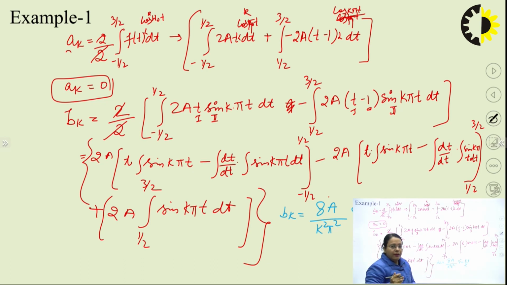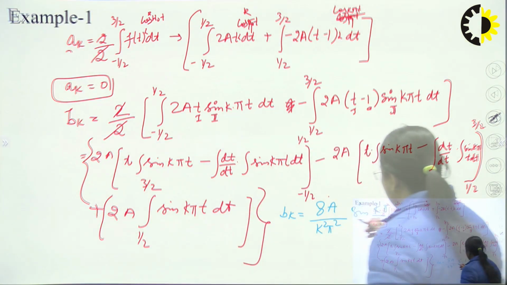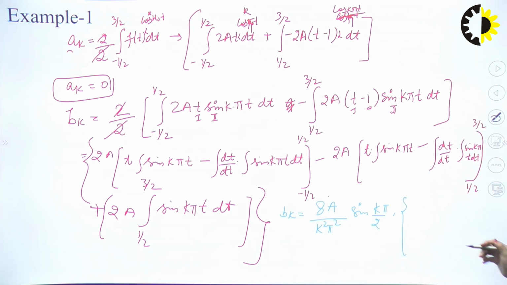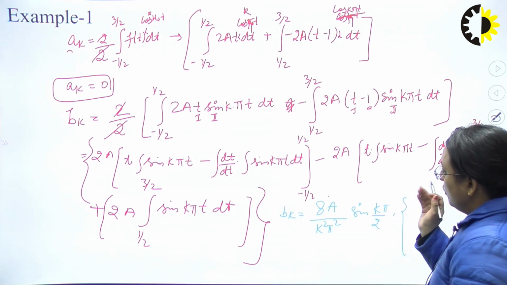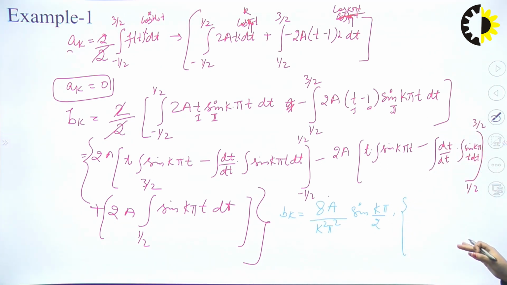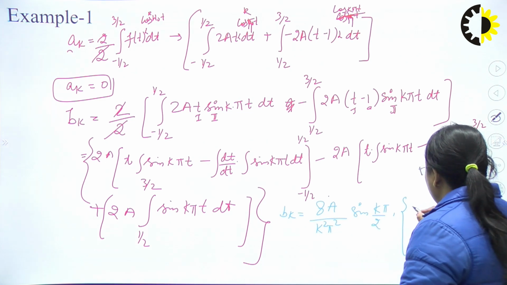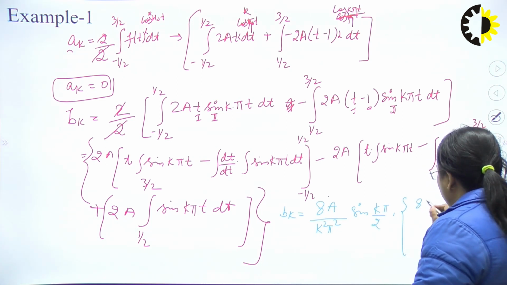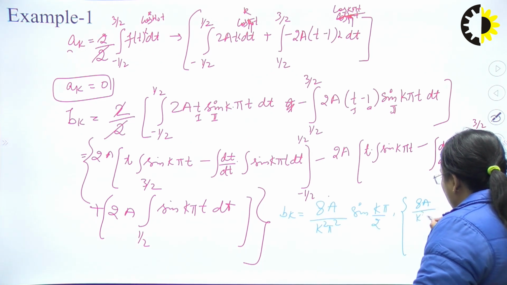For k, see, this is the value. I know that for the odd terms, for k is equals to 1, 3, 5, the term will be equals to 0, and for k is equals to, let me, 8a upon k square into pi square.